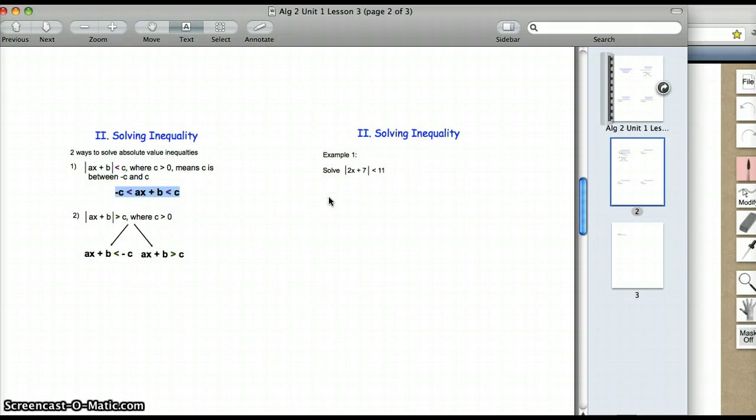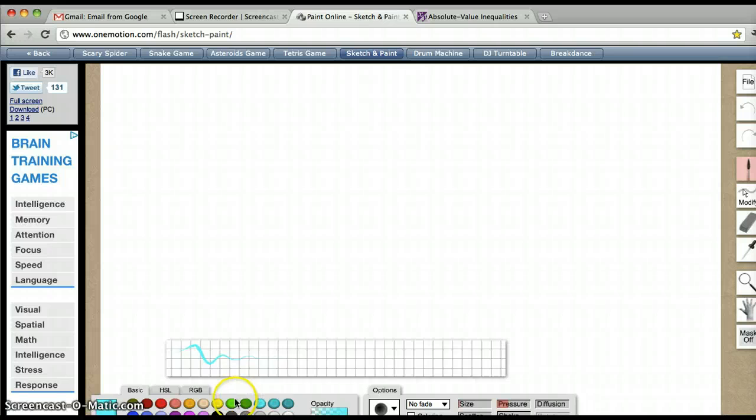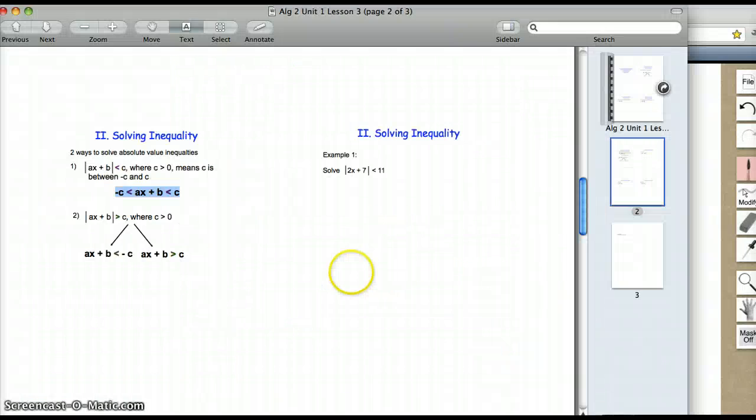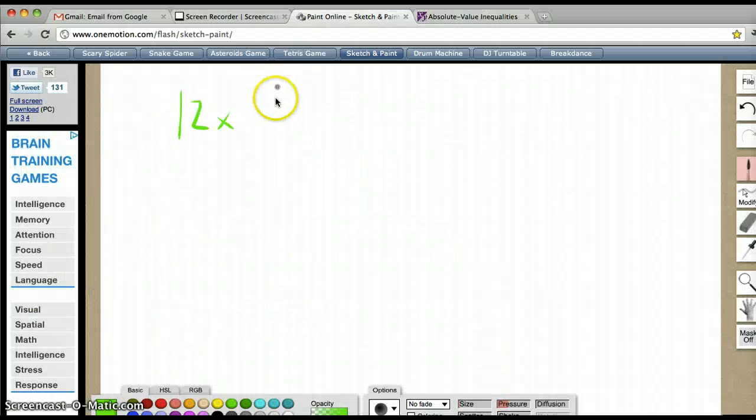Okay, so let's go ahead and go back to our pad. So we've got the absolute value of 2x plus 7 is less than 11.